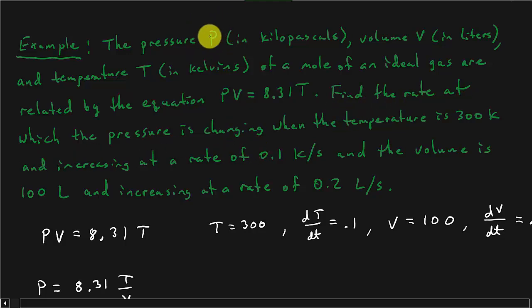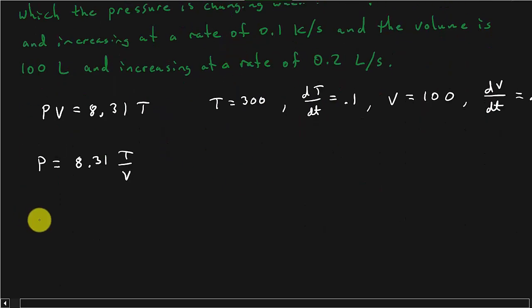So I'm looking for dP dt. So that's going to give me dP dt is equal to what? The partial of P with respect to T times the derivative of capital T with respect to little t, plus the partial of what?